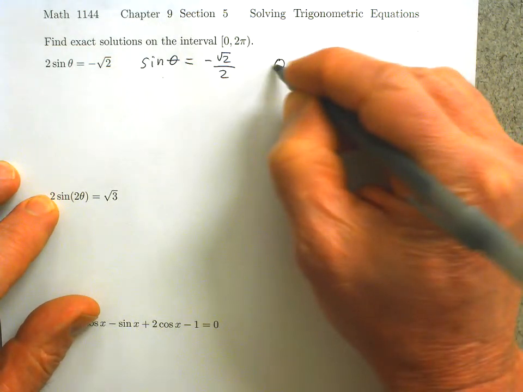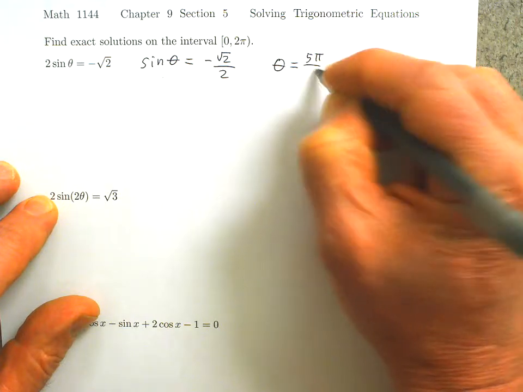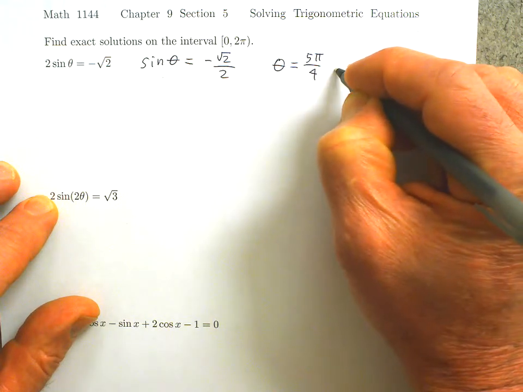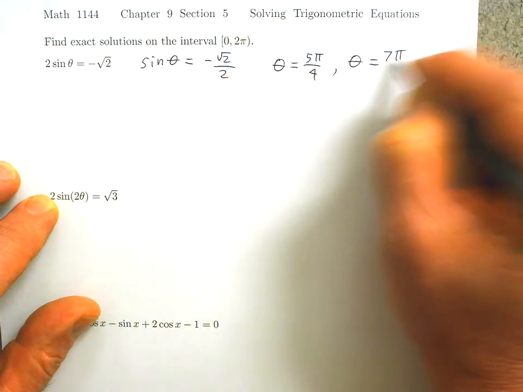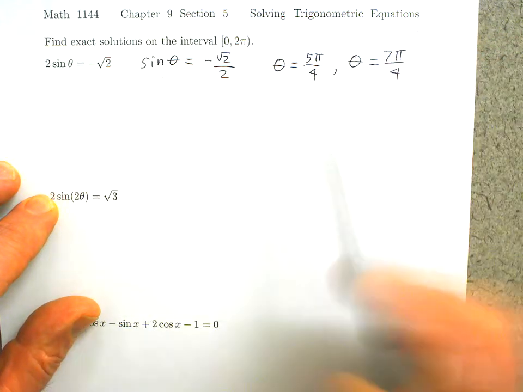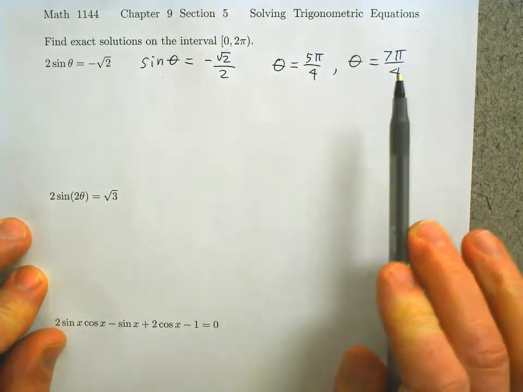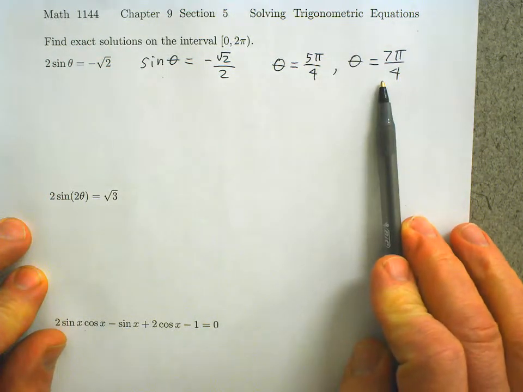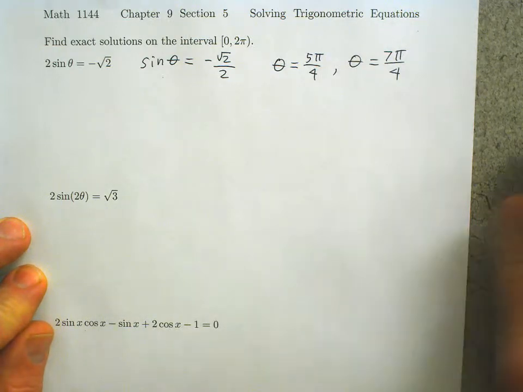One is theta equals 5 pi over 4, and the other one, theta equals 7 pi over 4. 5 pi over 4 is in the third quadrant, and 7 pi over 4 is in the fourth quadrant, and sine is negative in those two quadrants.